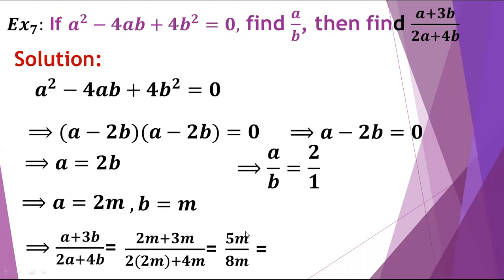We can cancel m with m, so the final result is going to be 5 over 8, and this is the value of this expression.